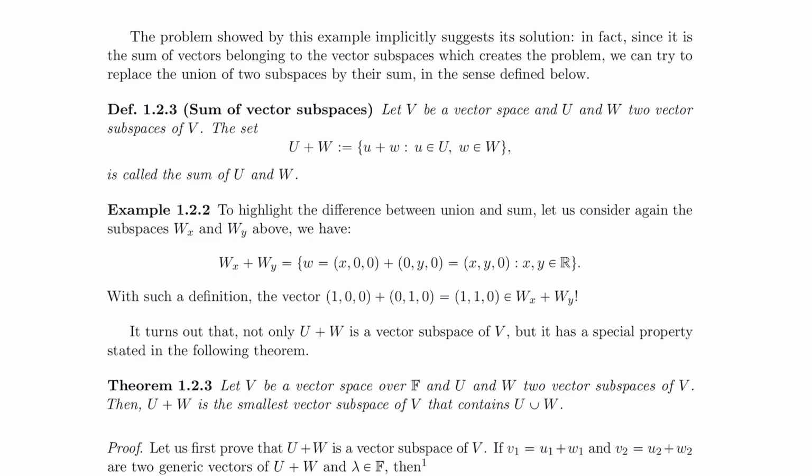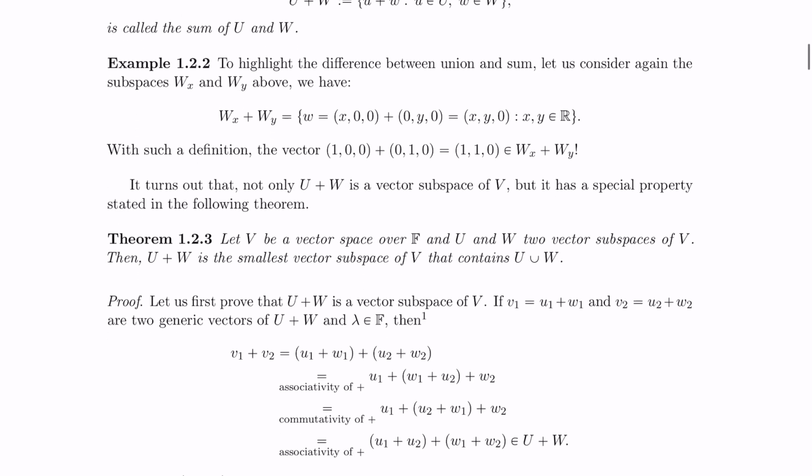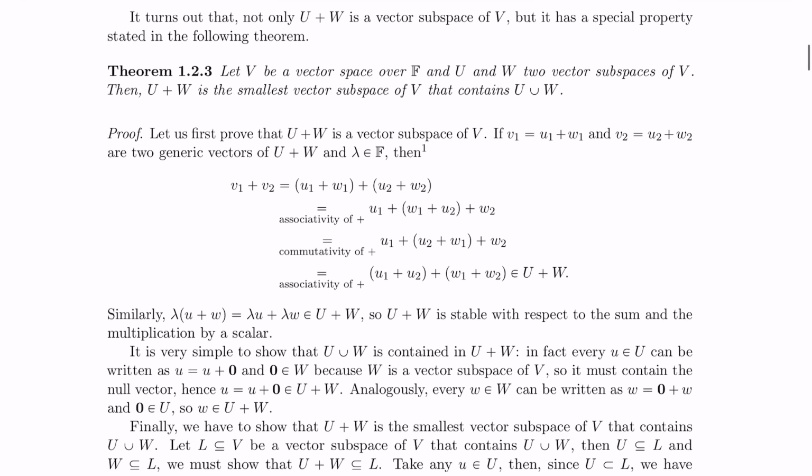This is not a coincidence. In fact, we can prove that not only the sum of two vector subspaces is again a vector subspace, but it is the smallest vector subspace that contains the union of these vector subspaces.